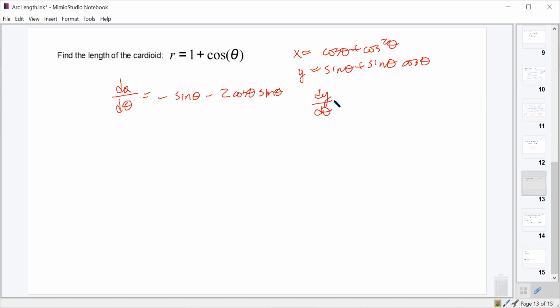And our dy d theta would be cosine theta plus cosine squared theta minus sine squared theta, or cosine theta plus cosine 2 theta if you preferred, which, when we have to square, will probably make life a little bit easier. Could also rewrite dx d theta as negative sine theta minus sine 2 theta if we wanted to. Make life a little easier there too.